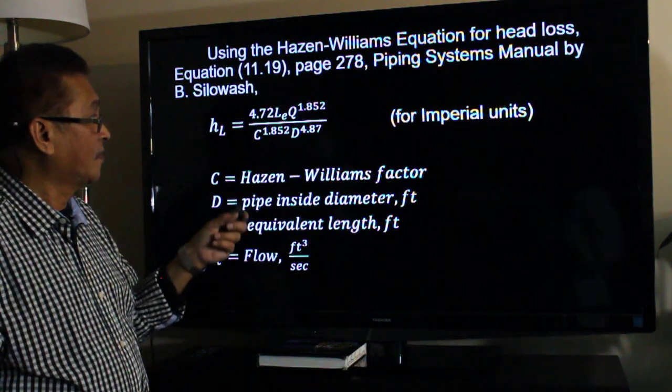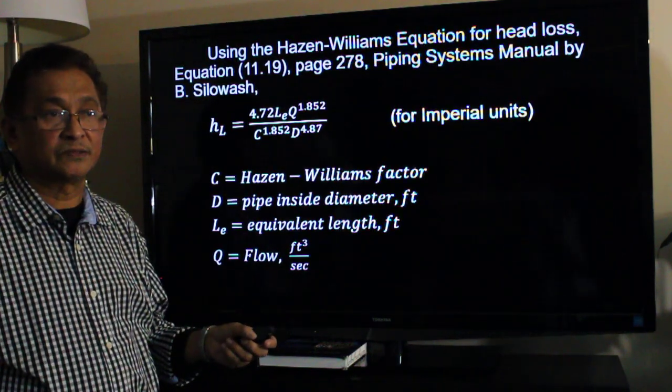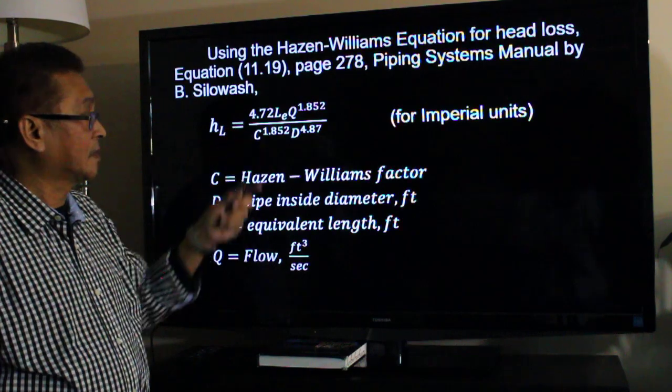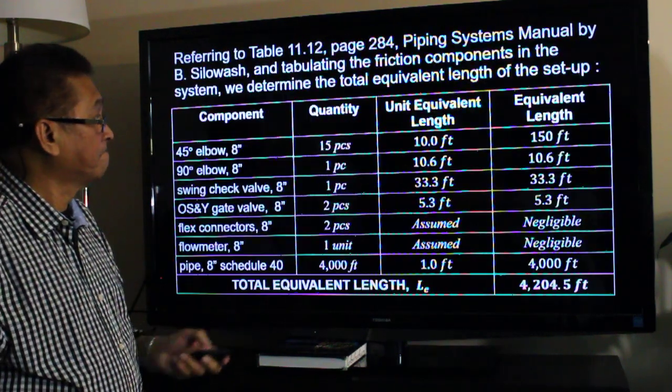And this equation is for imperial units. For standard international units, or SI, this constant 4.72 becomes 10.67.